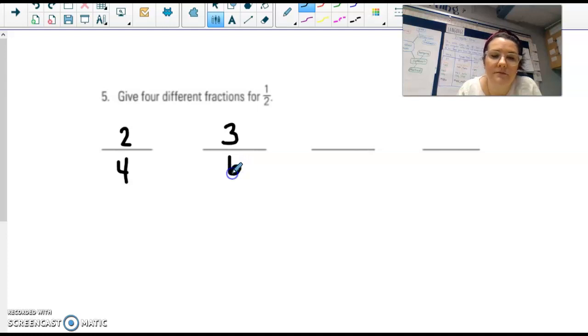I know we had 4/8, so I'm going to try to think of some more. So I know a fraction is equivalent to 1/2 if the numerator is half of the denominator. So if I have a numerator of 5, I know 5/10 would be equal to 1/2. And then let me think of another one. If I had 6, 6/12 would equal 1/2.